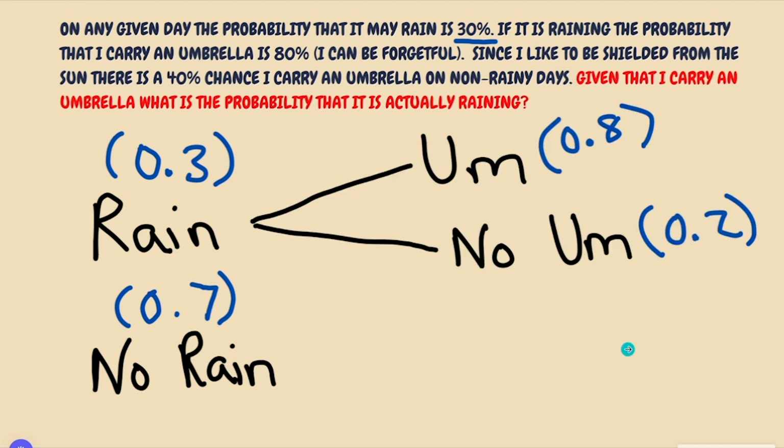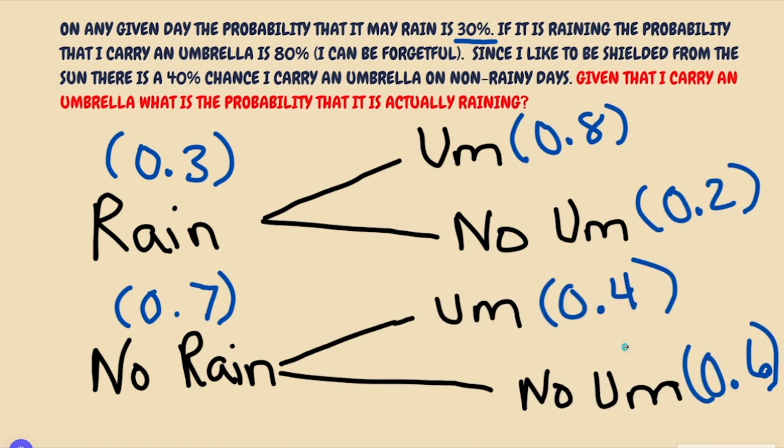If it's raining, I have two choices. I either can carry an umbrella or not carry an umbrella. The second line in my scenario says, if it is raining, I carry an umbrella 80% of the time. So that means if it is raining, I will not carry an umbrella 20% of the time, since my percentages have to add up to 100.